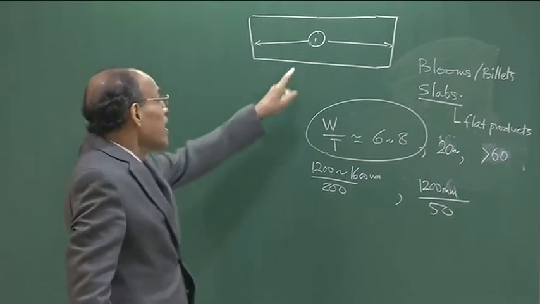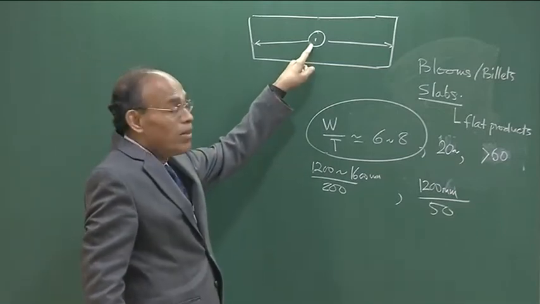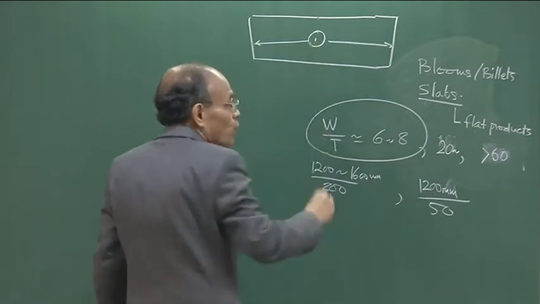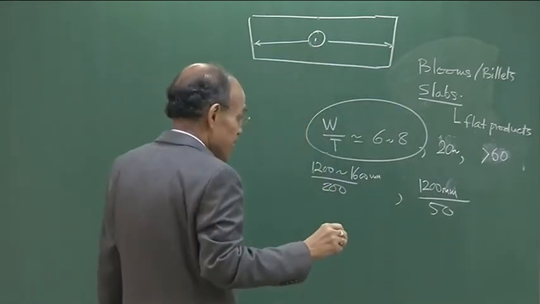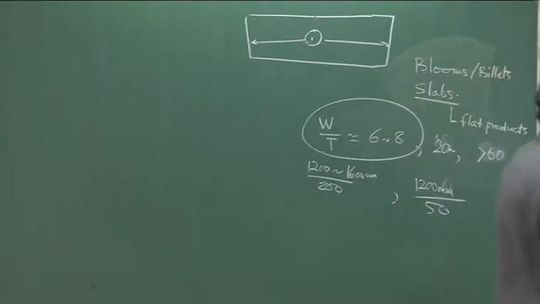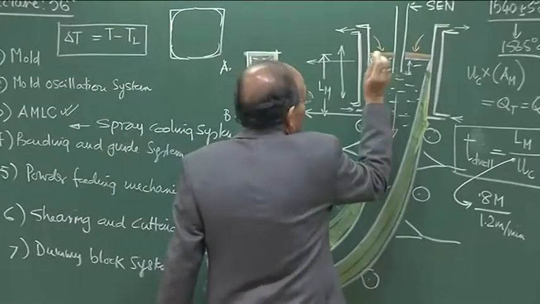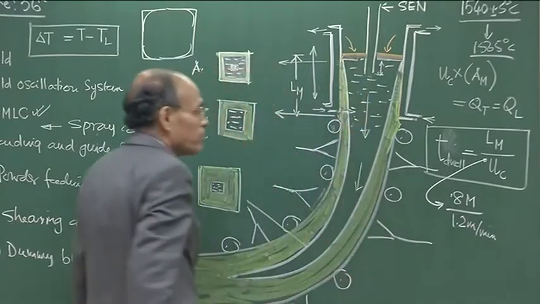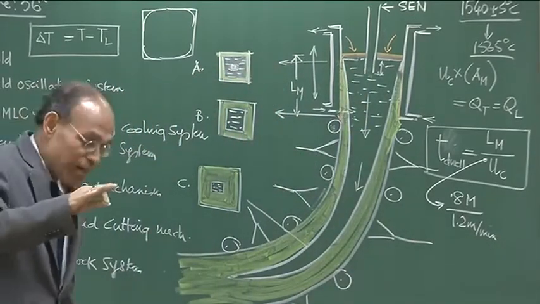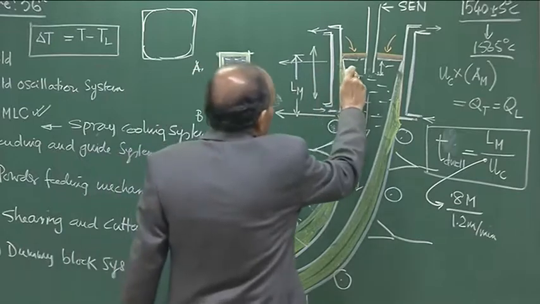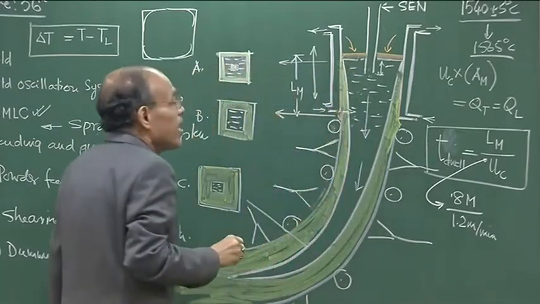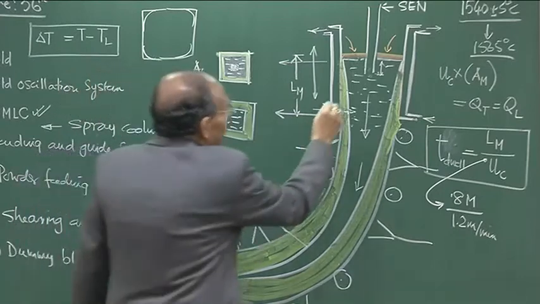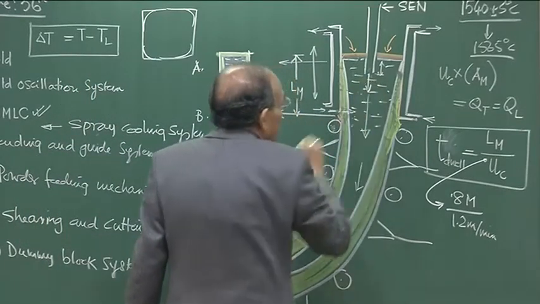So, the SEN design assumes critically that this powder has a very important role to play, as I have already indicated, and the one layer which is in contact with the continuous metal has to be in the liquid state, and therefore heat has to be continuously supplied to the metal, but heat is advected in this direction.